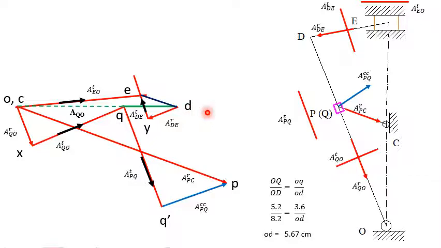So connect these two, and it represents the total acceleration of link ED. In this problem there is no need to find this total acceleration, but sometimes in an exam, if they ask you to find the total acceleration, you have to draw this line, measure the length, and find the total angular acceleration. So this is the procedure to draw the acceleration diagram.